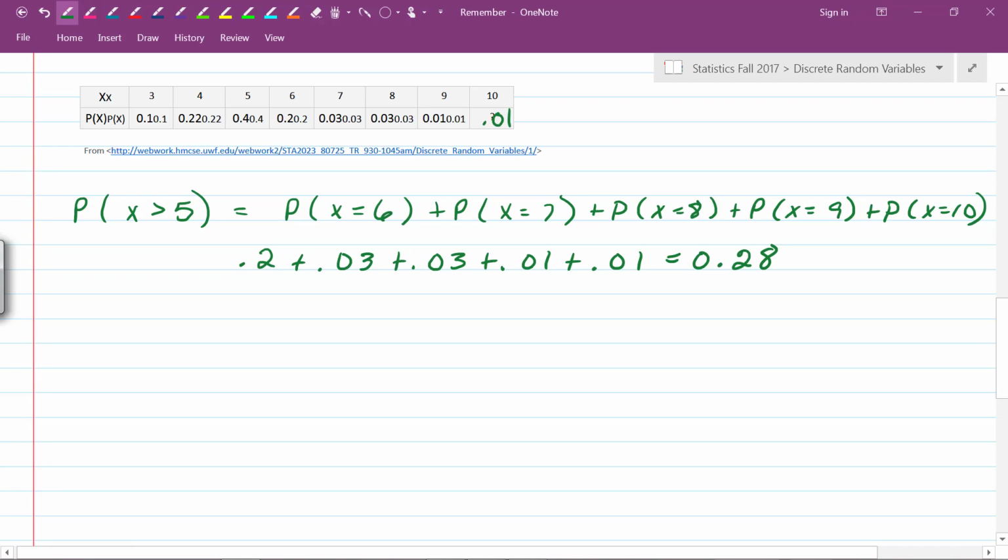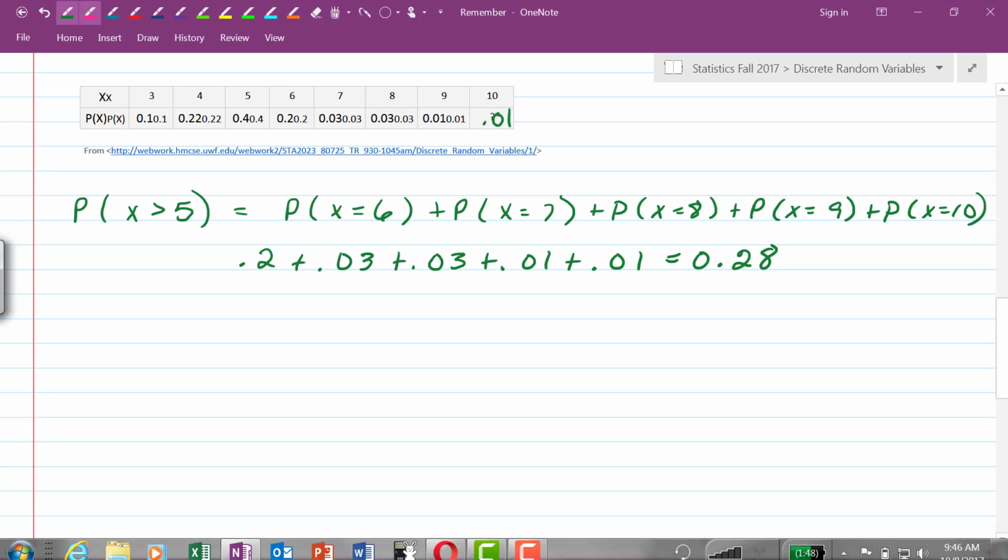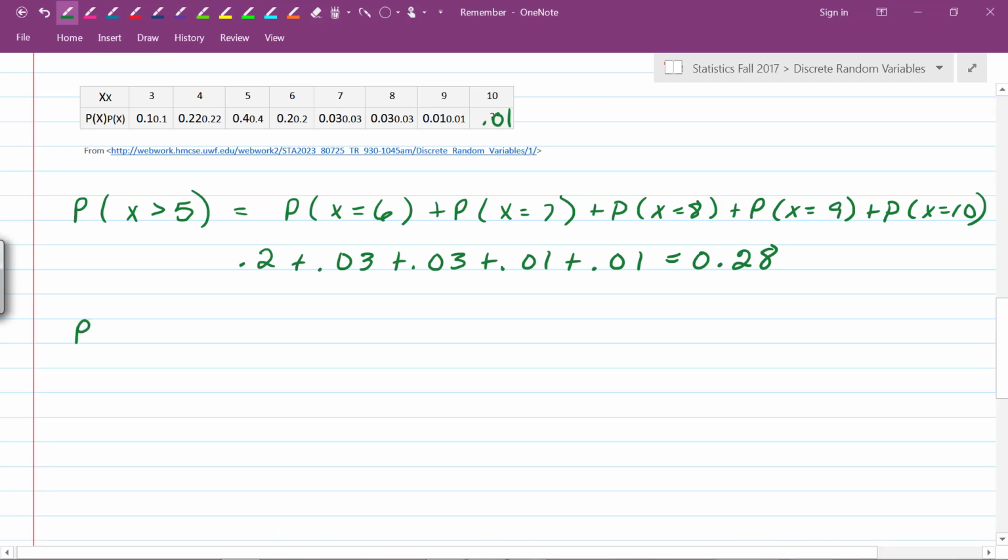Another option is saying that the probability that x is greater than 5 is also equal to 1 minus the probability that x is less than or equal to 5. Okay, using the complement.